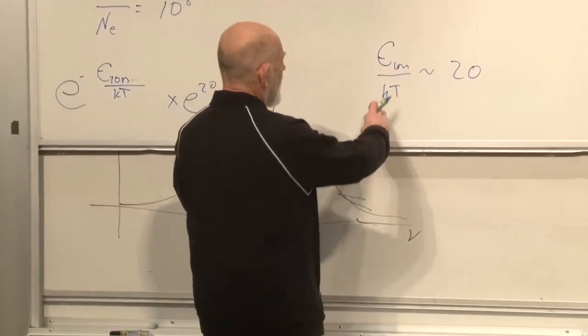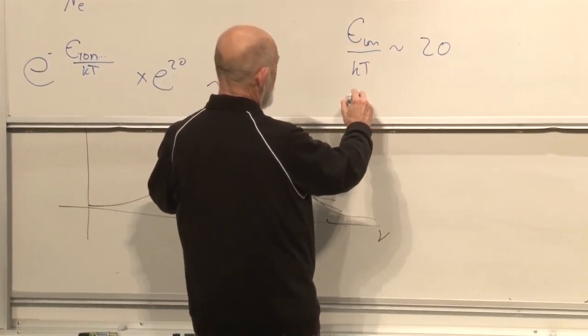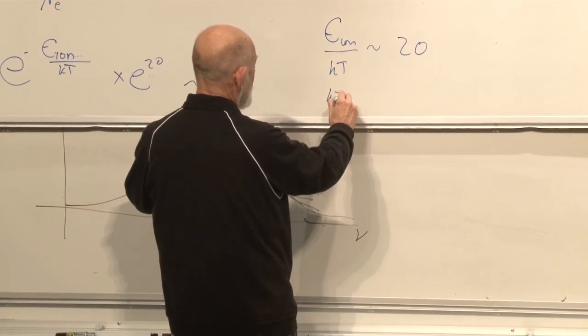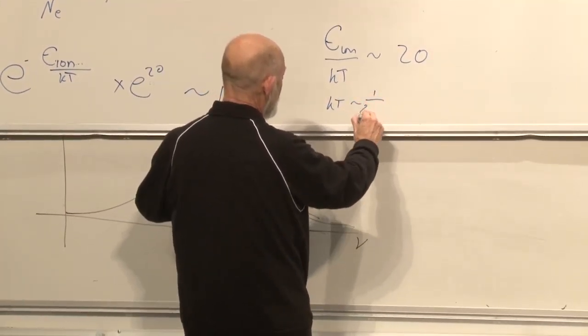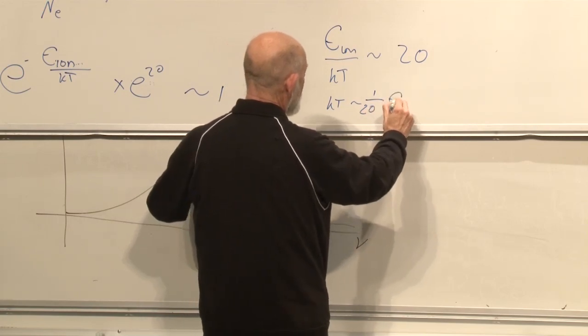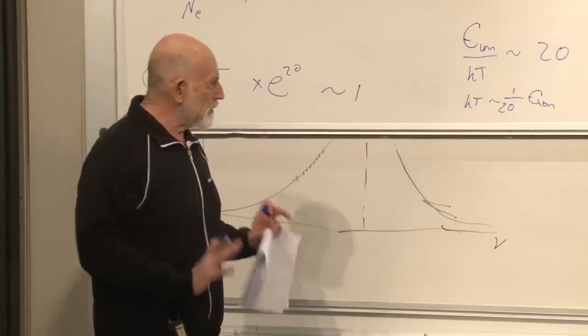Or in other words, let's turn it over. It says that kT is about 1/20th of the ionization energy.